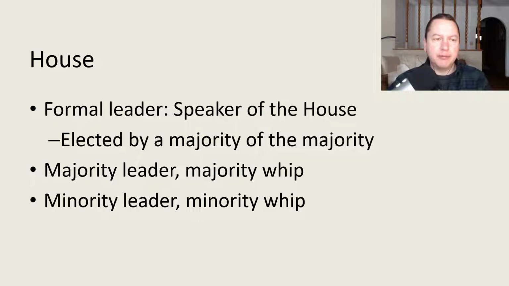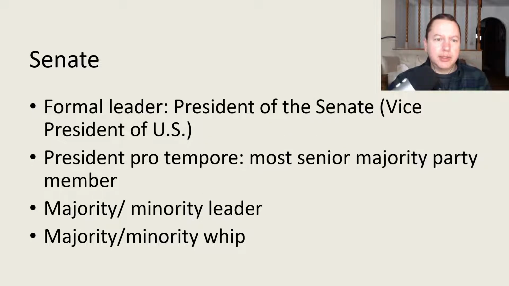In the Senate, their formal leader is the President of the Senate, who is the Vice President of the United States. The President pro tempore does most of the day-to-day, calling a session and so forth. Typically the most senior majority party member. And there's always a majority and a minority leader, and a majority and a minority whip.